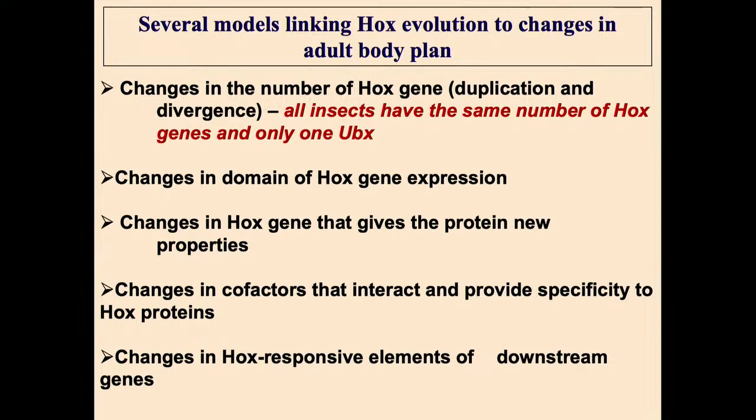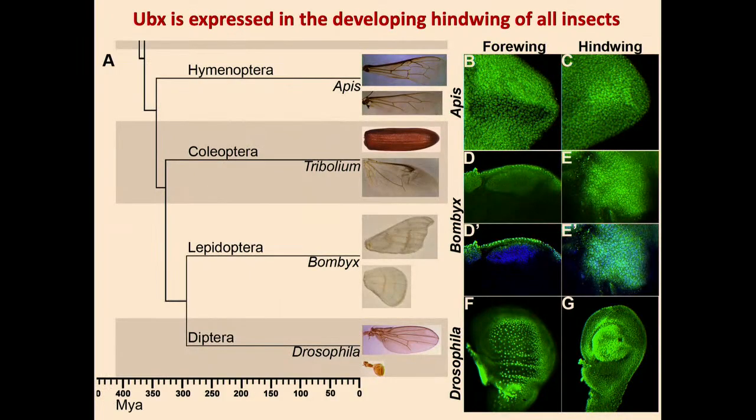Then another change is in the domain of gene expression. We looked at it, and found, very interestingly, that in hymenopterans UBX is expressed both in the forewing and the hindwing. In coleopterans, it is expressed partially in the forewing and very highly, intensely expressed in the hindwing.